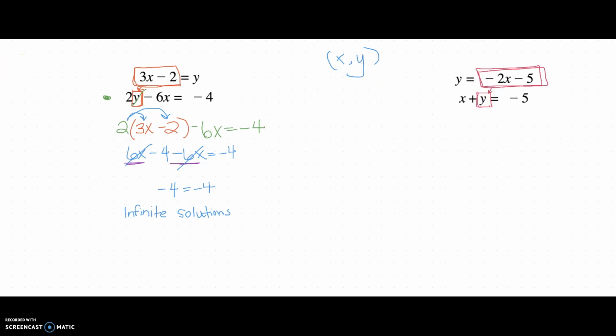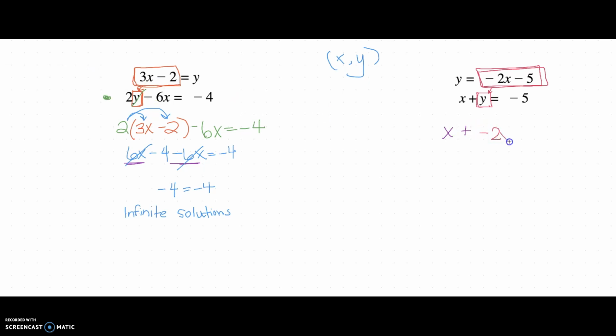And so I'm going to rewrite the second equation, but I am going to replace y with the stuff that it's equal to. So x plus, and if there's not a number out front, so there's not a coefficient here, I can just write this without parentheses. If you want to add the parentheses, you can, but there will be nothing to end up multiplying.